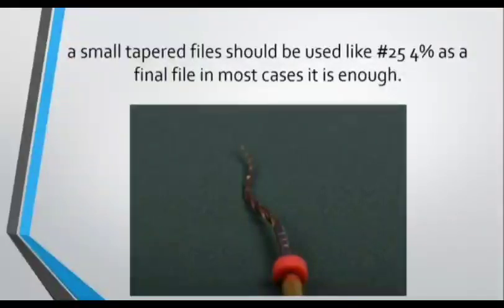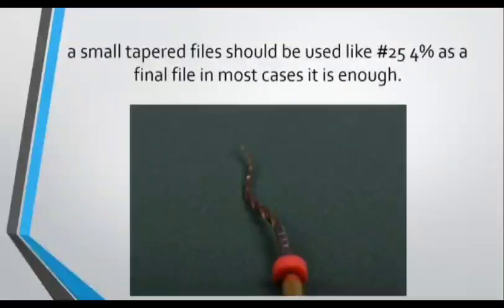And in this size, with the activation of irrigation, many studies assure the effectiveness of this technique, as it allows relatively large amounts of irrigants to be in the canal because of the taper of the file, which prepares the canal into the form of a funnel, which also helps in warm vertical compaction, as it allows relatively large pluggers to reach the middle third of the canal.